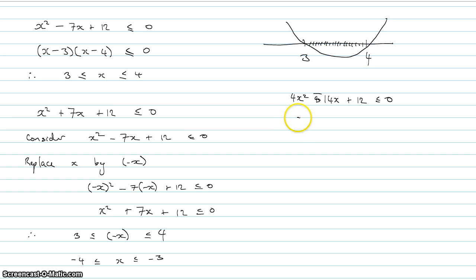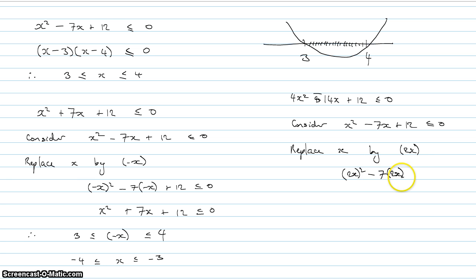And we can see, if we consider x squared minus 7x plus 12 less than or equal to 0, and we replace x by 2x, what would we get? We would get 2x squared minus 7 times 2x plus 12, which is exactly what we want, 4x squared minus 14x plus 12 less than or equal to 0. So we can replace x with 2x in our solution as well.